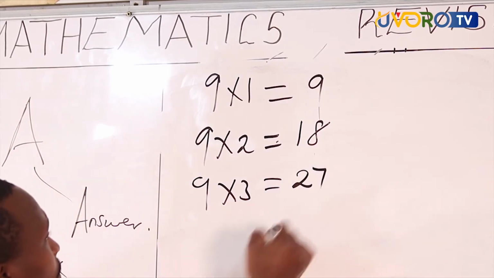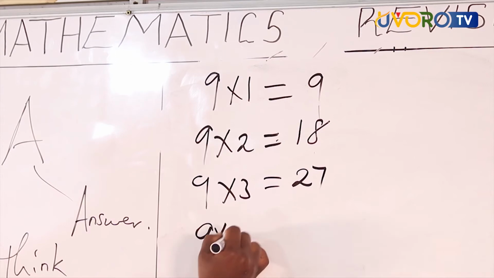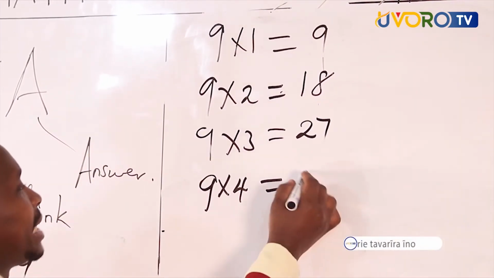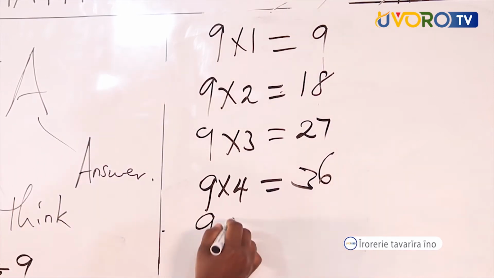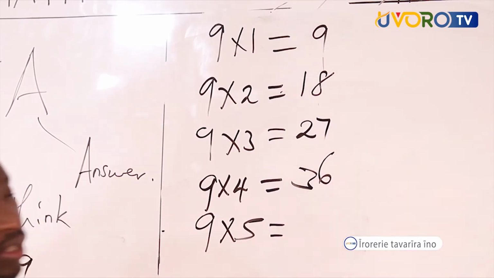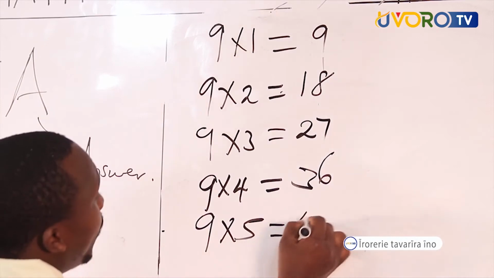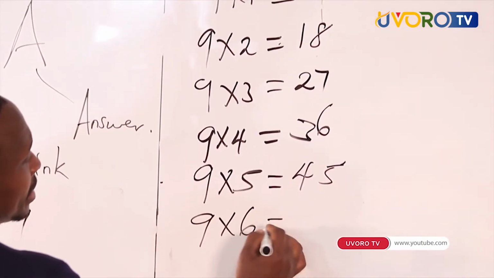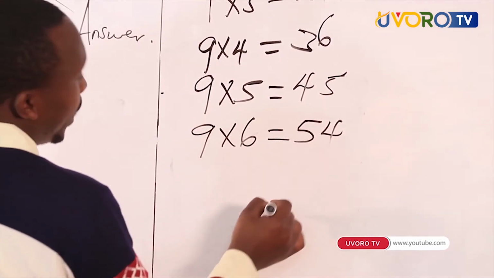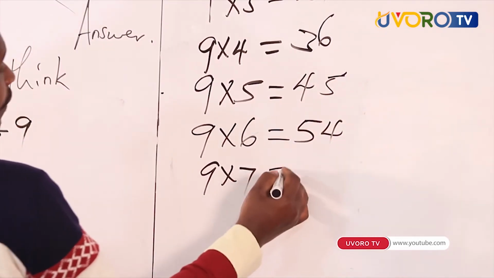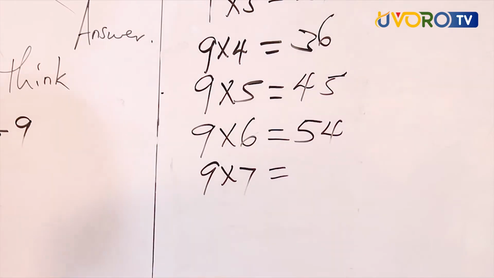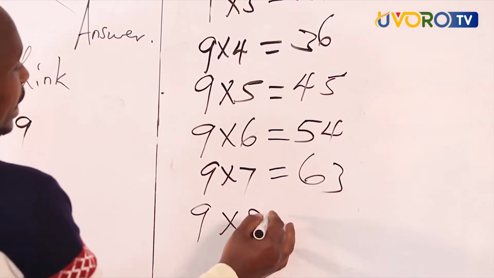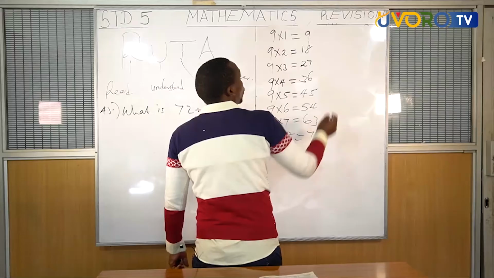Very good. 9 times 4, add another 9. 36. Very good. 9 times 5 is going to give you what? 45. Very good. 9 times 6 equals 54. Very good. 9 times 7 is going to give you 63. 9 times 8 is going to give you 72.